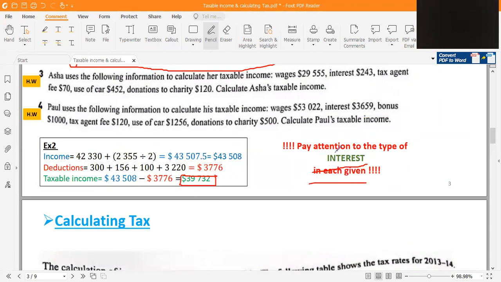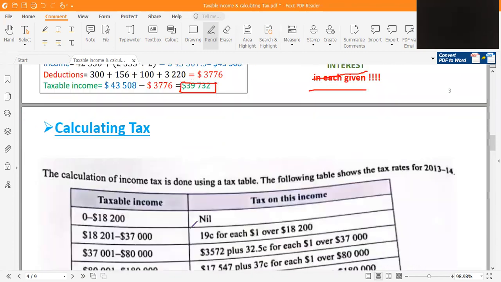If we have interest on a joint account, we divide it; but like in exercise 4, if we have simple interest, we use it as given. Very easy. You can solve exercises 3 and 4 by yourself.